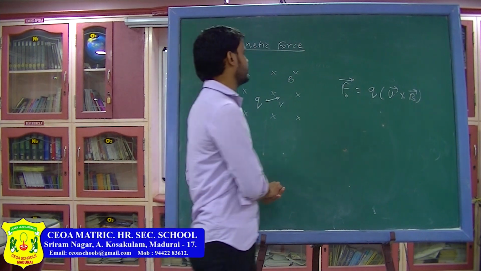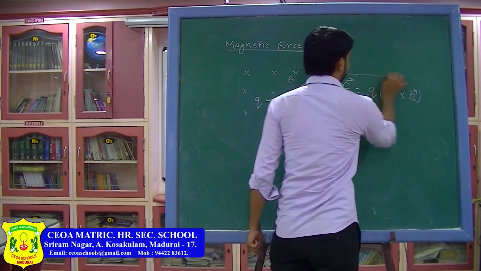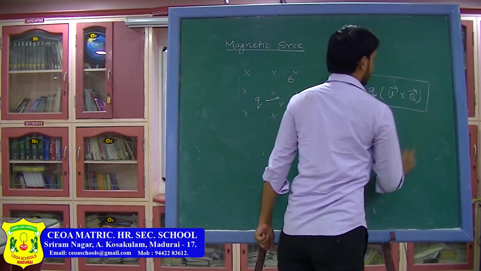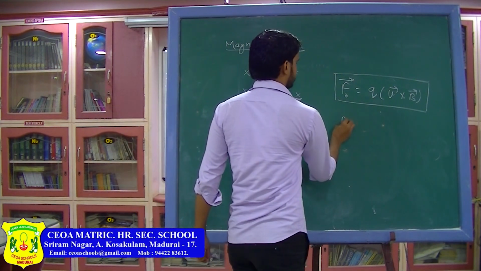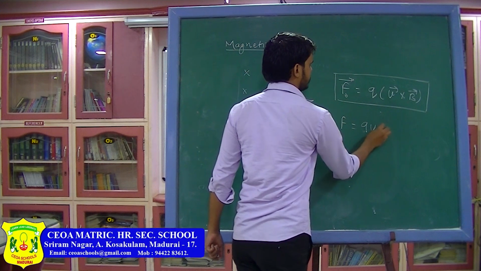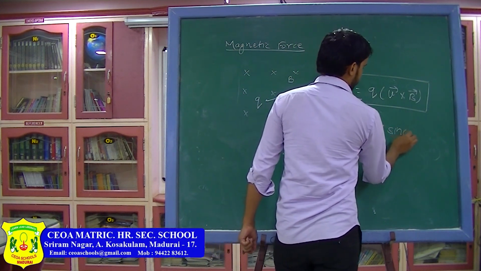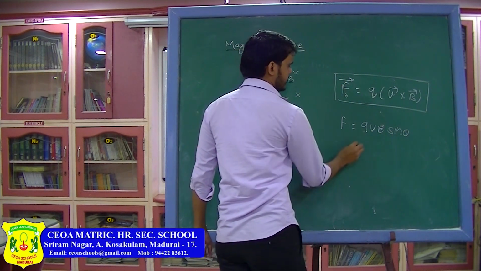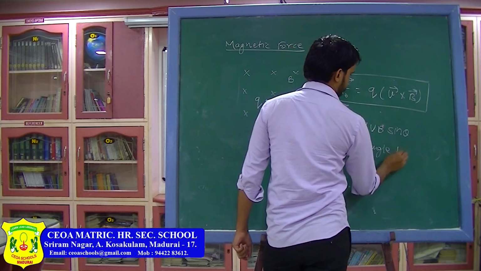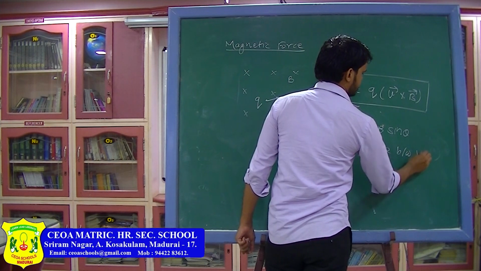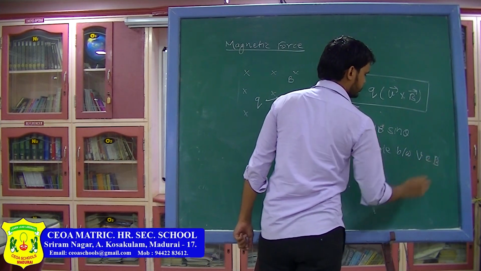So this is the magnetic force on a moving charge in a magnetic field. If you just want to write the magnitude of the force, it can be written as F equals q v B sin theta, where theta is the angle between velocity and magnetic field.